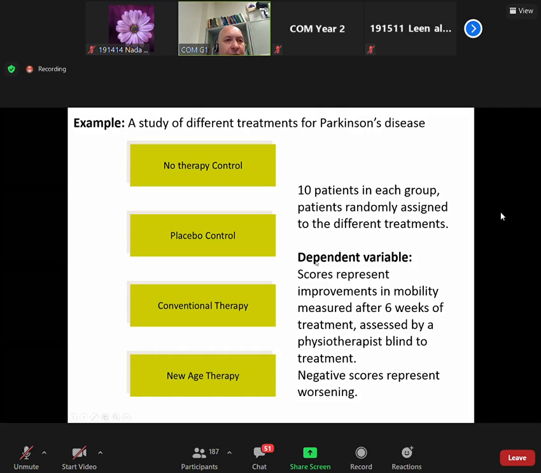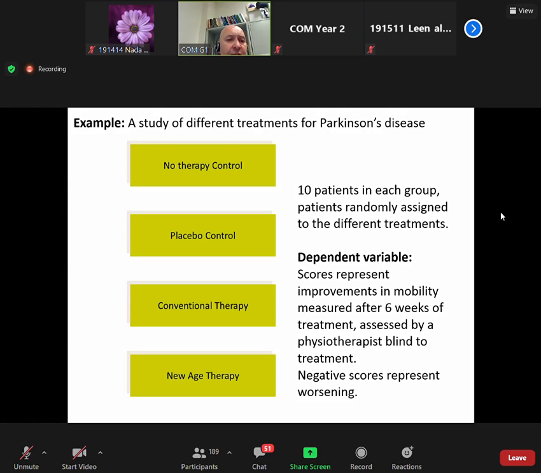Now the dependent variable, the thing that we're measuring, is improvements in mobility measured after 6 weeks of treatment. This is assessed by a physiotherapist who is blind to the treatment, so they don't know which patients have received which treatment. They're just assessing each patient to see their mobility, and they get some sort of score. If they get positive scores, that means their mobility is improving.